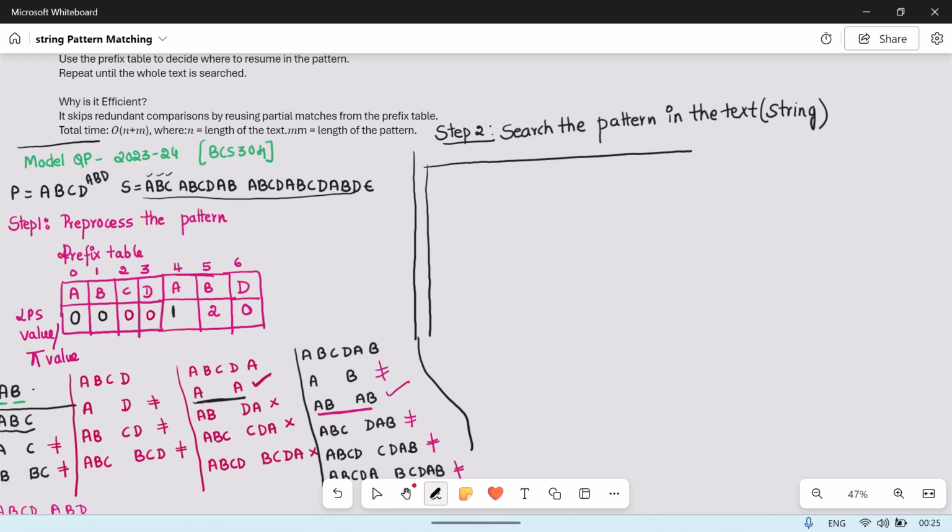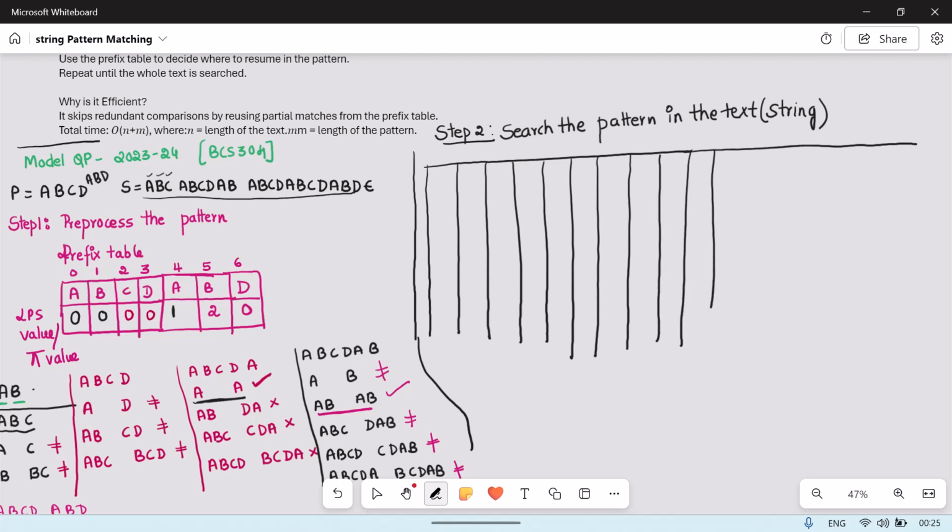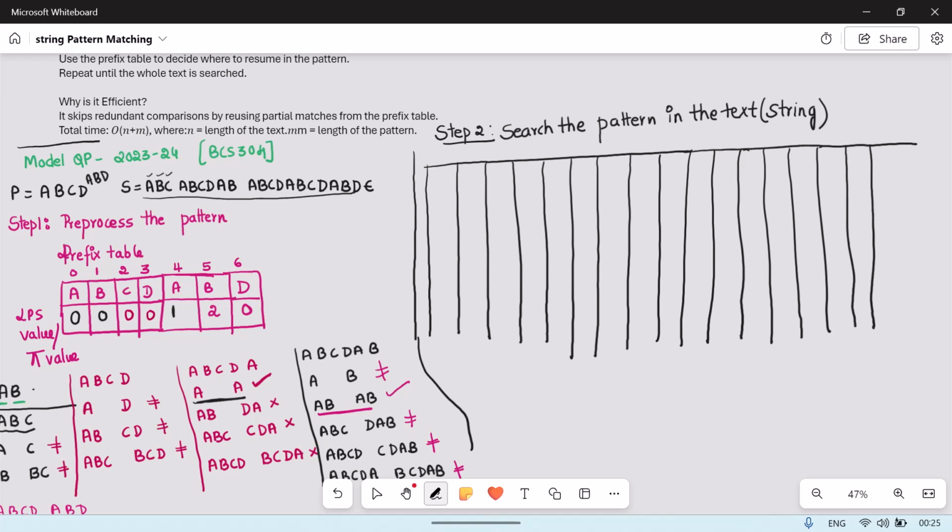I'll try to draw it as neat as possible.